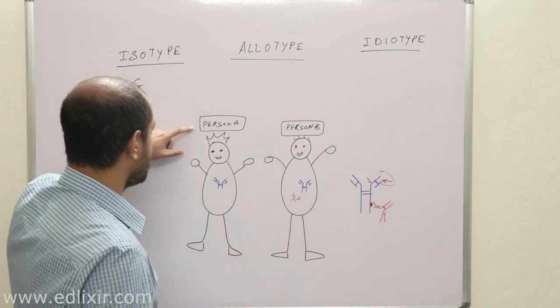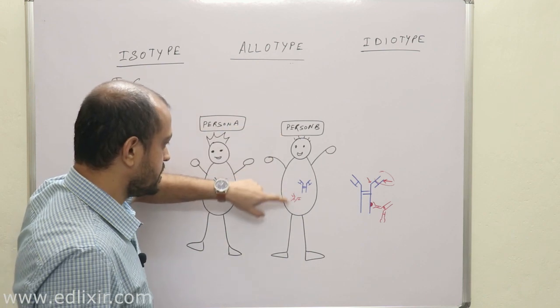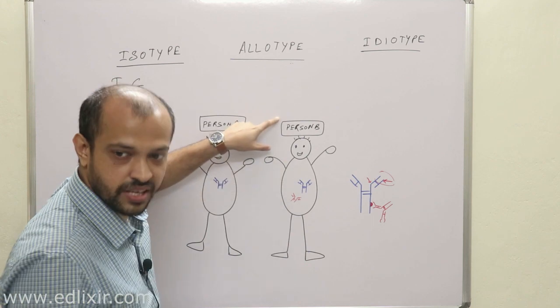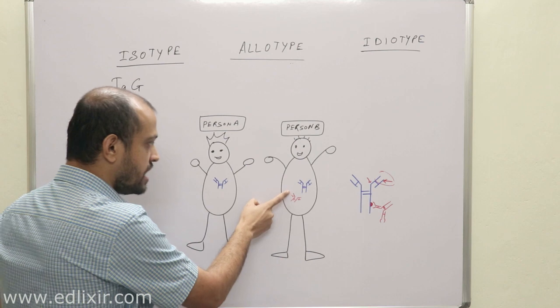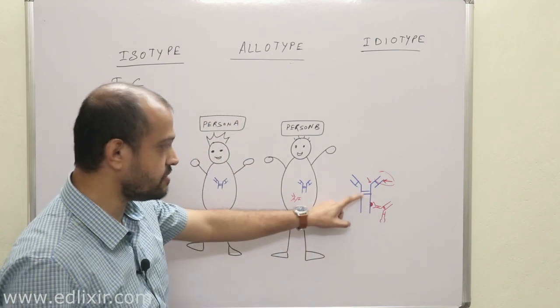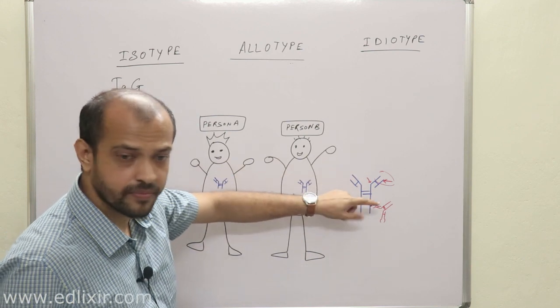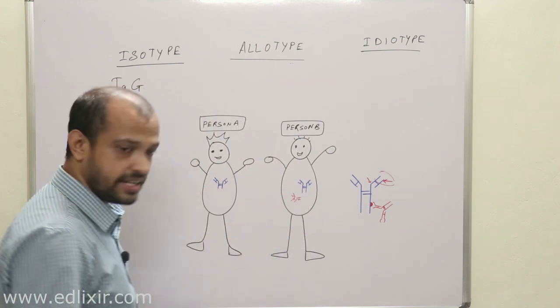Now listen, when person A's antibody was introduced in person B's body, then an anti-person A antibody will be produced in person B. This anti-person A antibody will bind with the heavy chain of the antibody of person A, right?